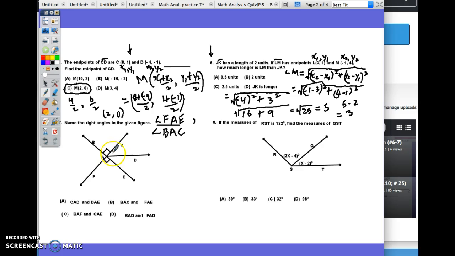And then this one right here, since this whole thing is 180, and this is 90, then this one would have to be 90 as well. Because 90 plus 90 is 180, so angle EAC would also be a right angle, as well as this one over here. This whole thing is 180.